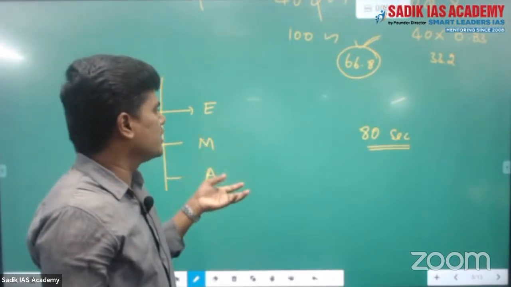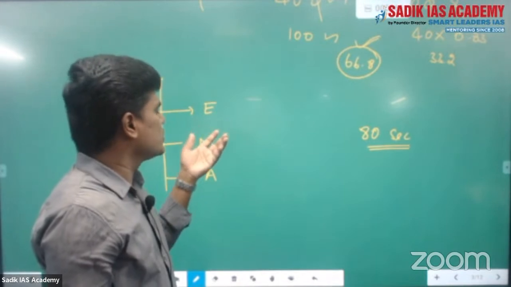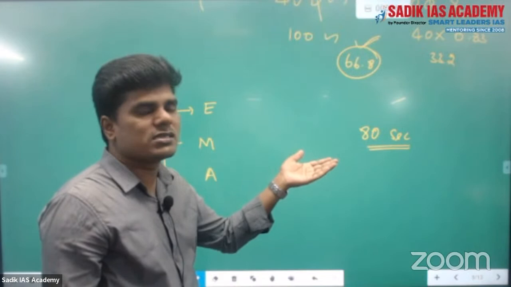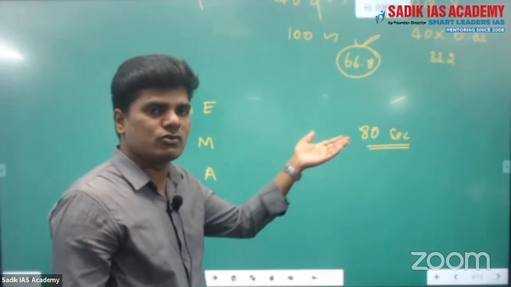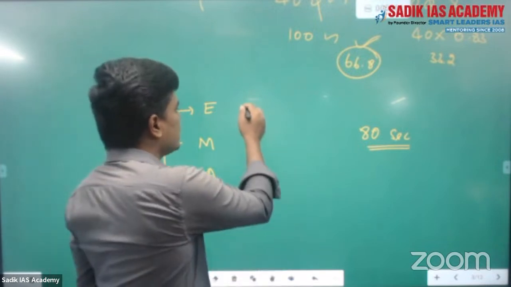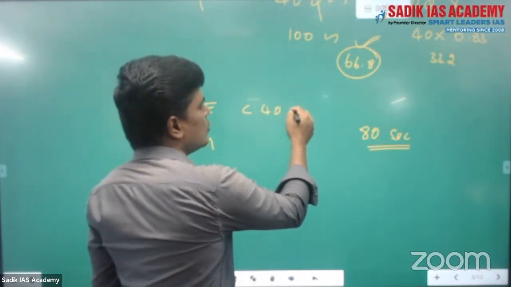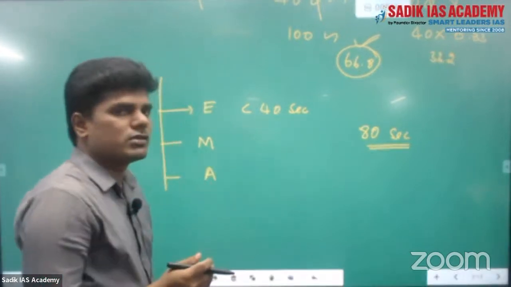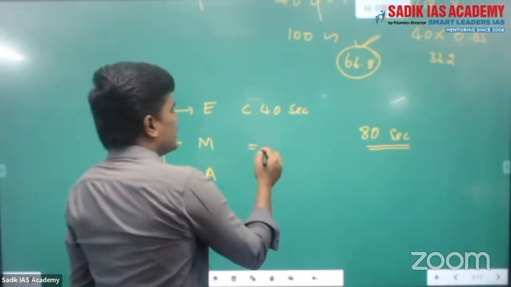So I can categorize the easy question, medium, and the advanced question based on how much time I'm taking to solve each question, right? Suppose if I take less than 40 seconds to solve a question, that is considered to be an easy question.